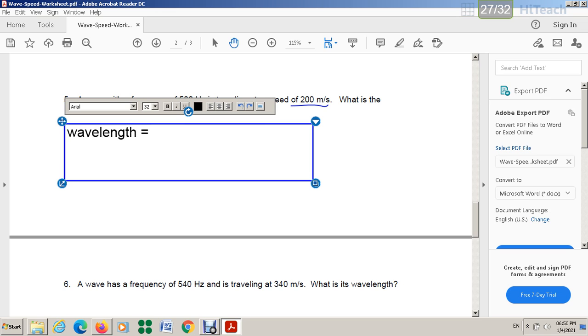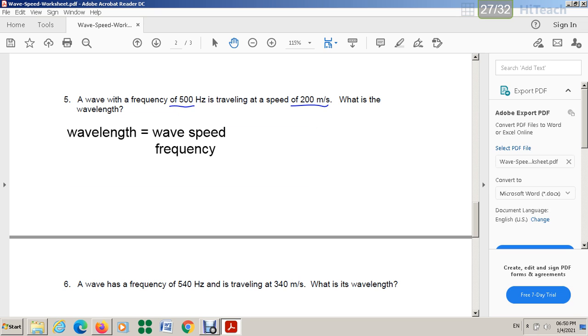For the wavelength here, it is equal to wave speed over frequency. Let's write the numbers. You have 200, which is the wave speed, over 500, which is the frequency.